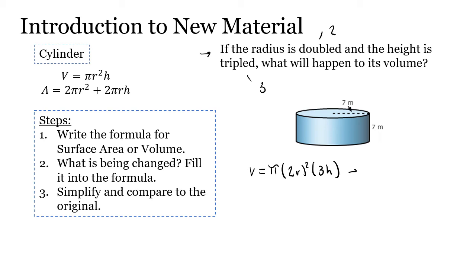Now let's simplify this. 2 squared is going to give me 4r squared, and then of course the 3 is still there. This 4 and this 3 are going to multiply and give me 12 pi r squared h. So in other words, the volume is going to be 12 times bigger. And that is my answer, 12 times bigger.